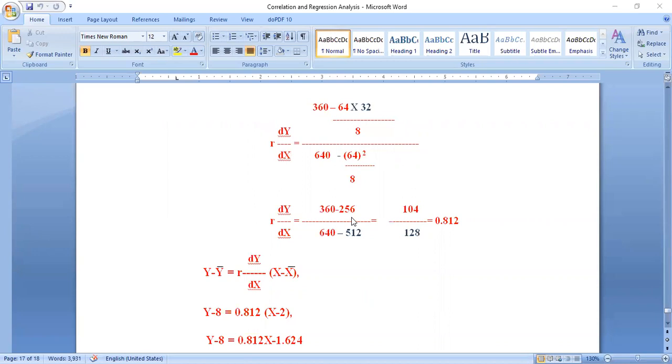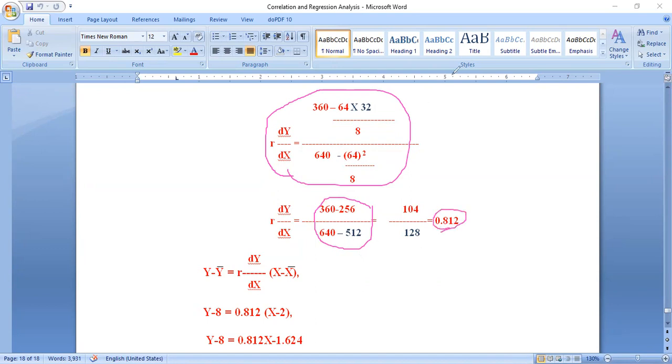Then the values also change. Then again we got the same value 0.812. After completion of the calculation part and doing these calculations, we got these values. Then finally 104 divided by 128, you got the value 0.812.